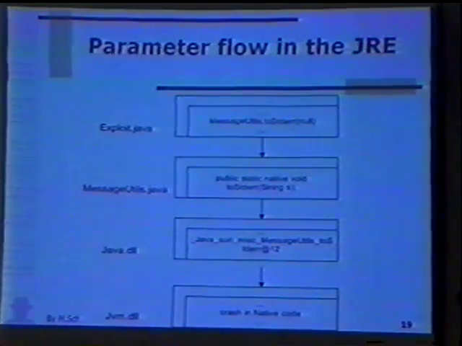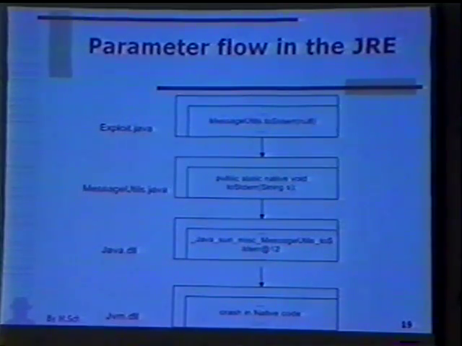So how does a typical exploit that I present run through the architecture? There's user code residing in Exploit.java, which is calling some vulnerable function, MessageUtils.toStderr, and it's passing a null value to it.